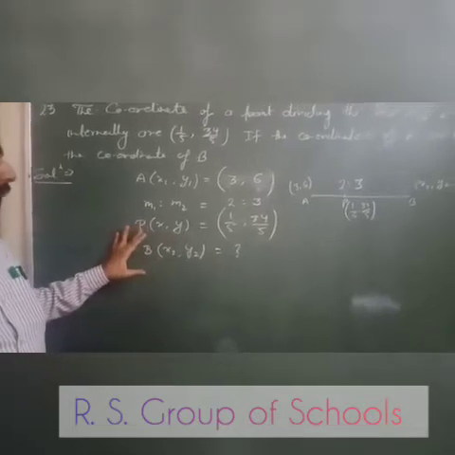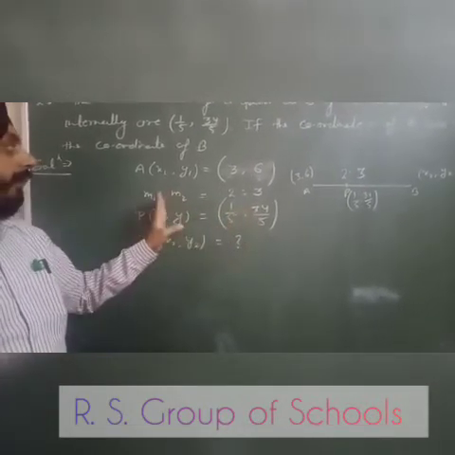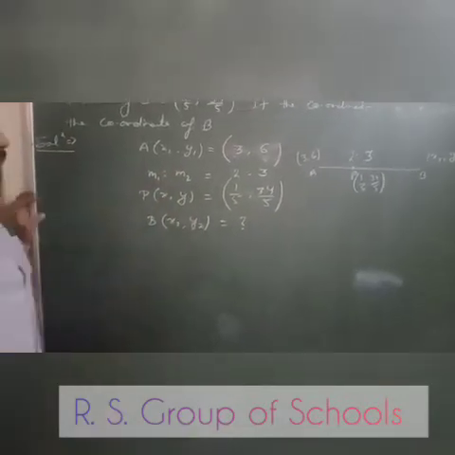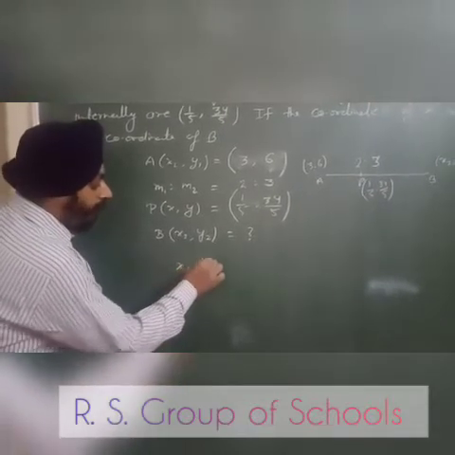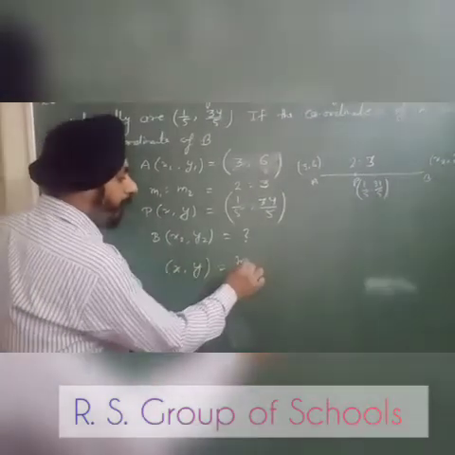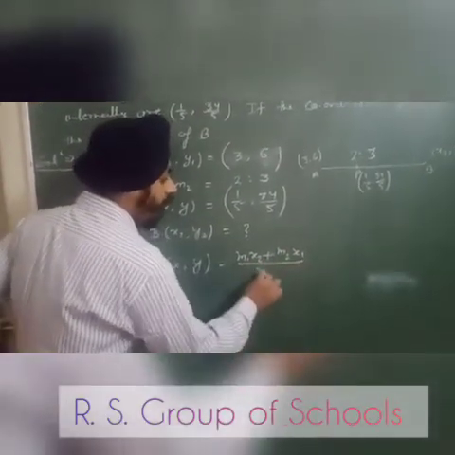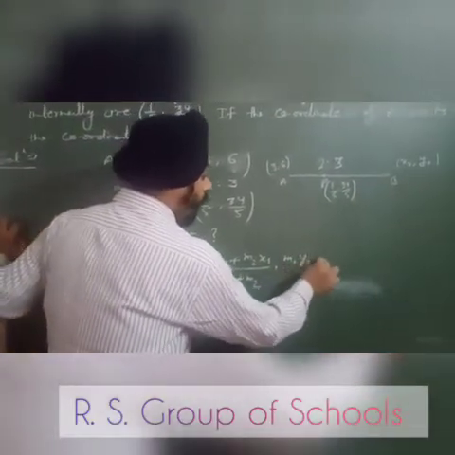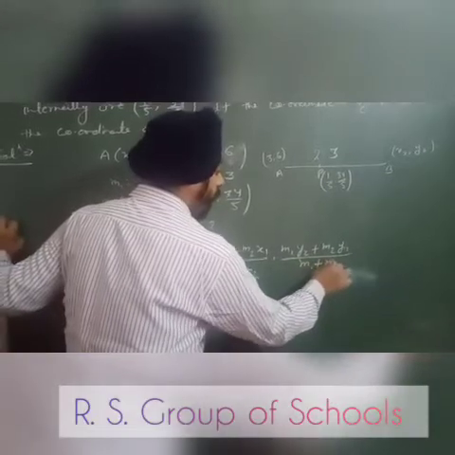We know that the internally dividing point B is (x, y) = (1/5, 34/5), and the ratio m1:m2 is 2:3. We have the formula of internal division: (x, y) = ((m1 x2 + m2 x1)/(m1 + m2), (m1 y2 + m2 y1)/(m1 + m2)).